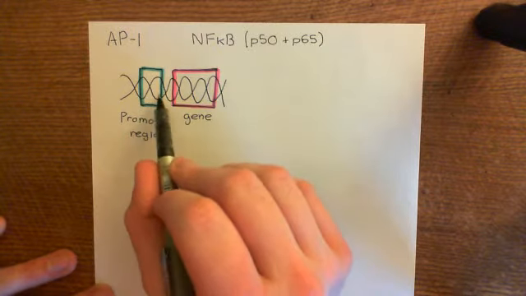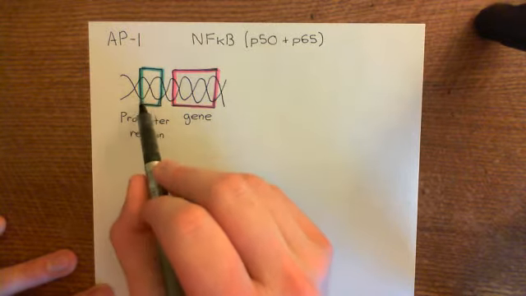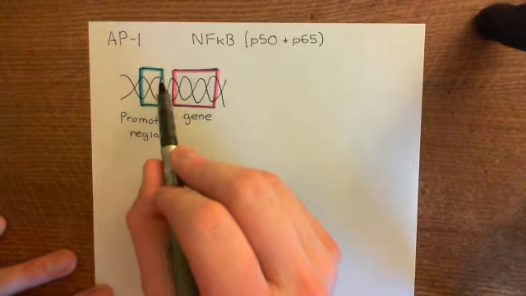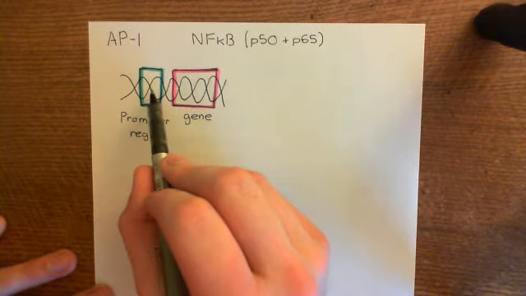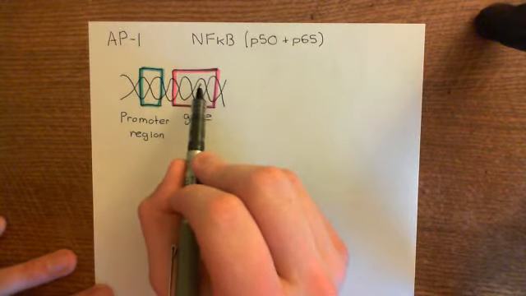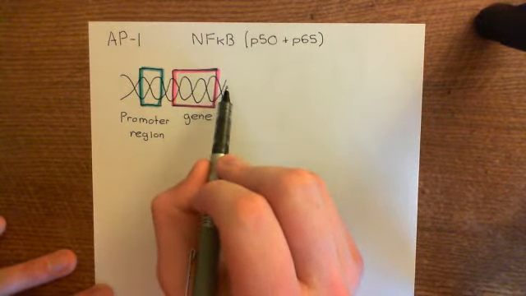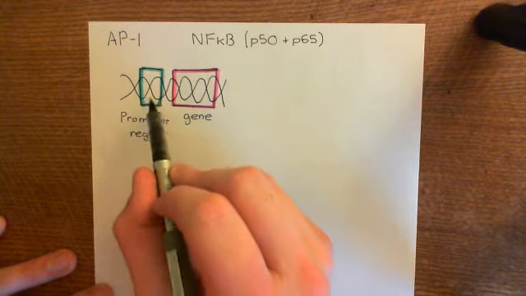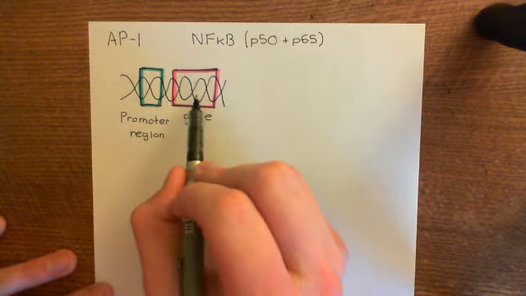Whereas if the affinity is very low for RNA polymerase, then RNA polymerase will hardly ever bind, and that will mean that you won't produce that much mRNA at all, so you can't therefore produce that much protein. So that's how these promoter regions control the expressions of genes.